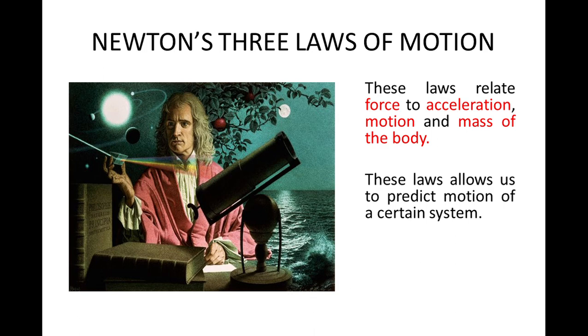Since we already introduced forces, it is now time to unify our knowledge about forces and kinematics. Sir Isaac Newton coined three laws which relate force to the quantities describing an object's motion.